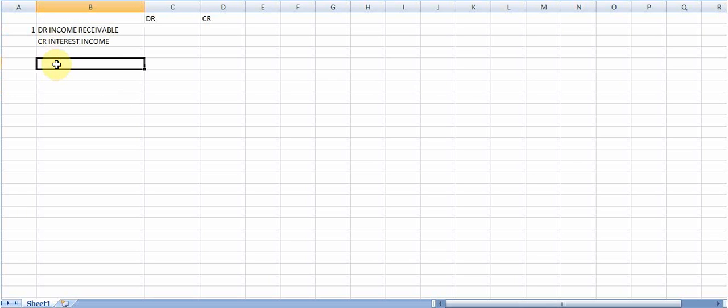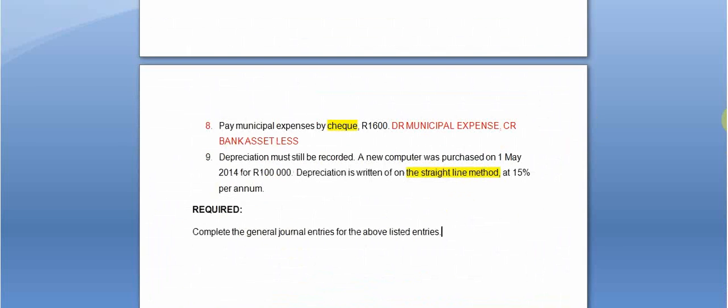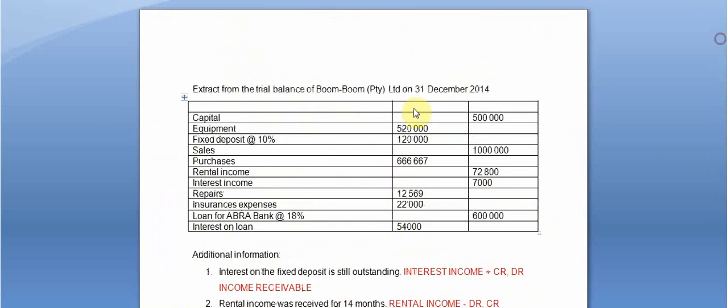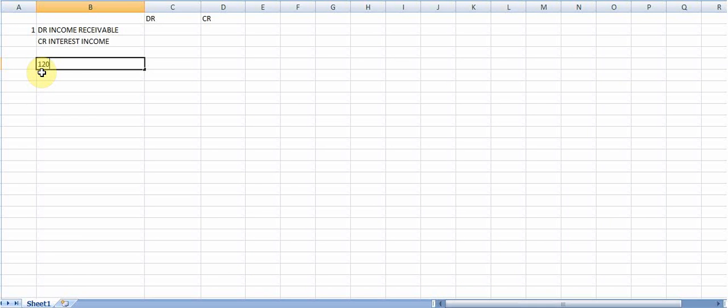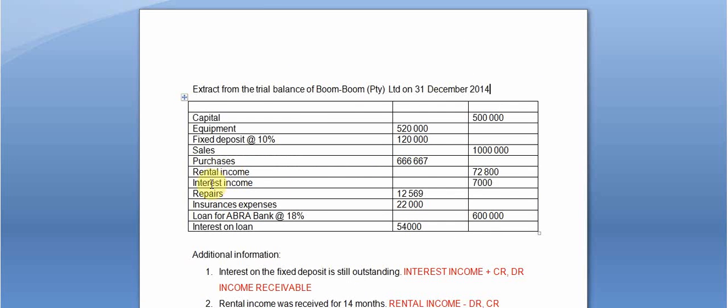Right, the question then is, what's the amount? Well, if I look at the question, they've given me some information relating to the fixed deposit. They say it's 10% per annum. So I will say, all right, 120,000 times 10% per annum gives me 12,000. But what is the amount that was already received? If I go to interest income, there's already a 7,000 Rand recorded.